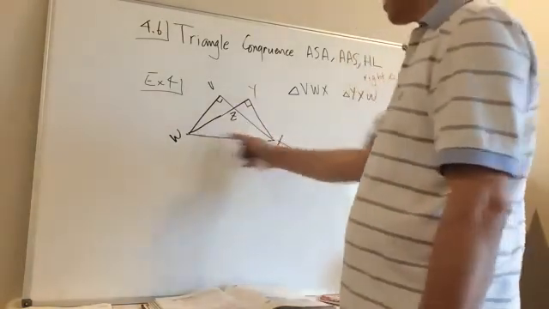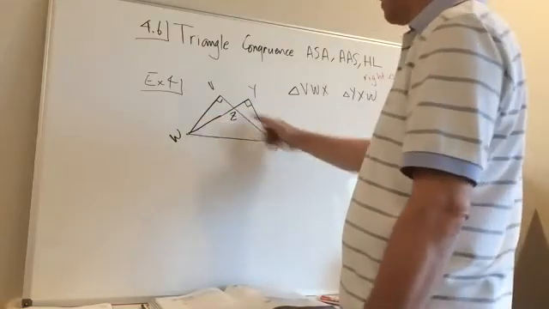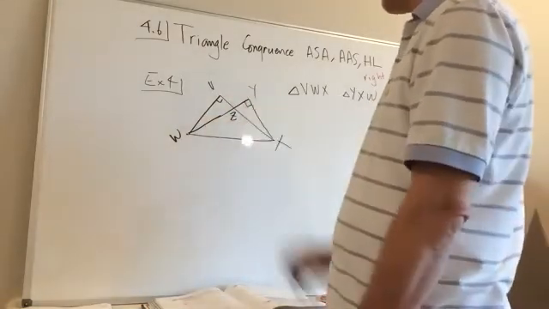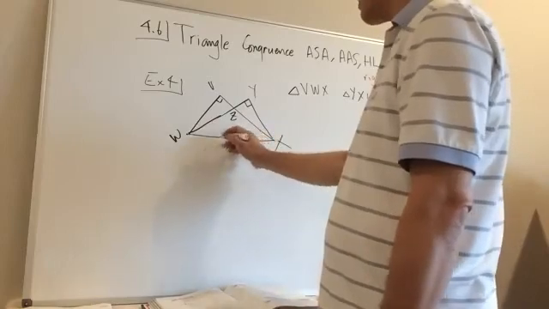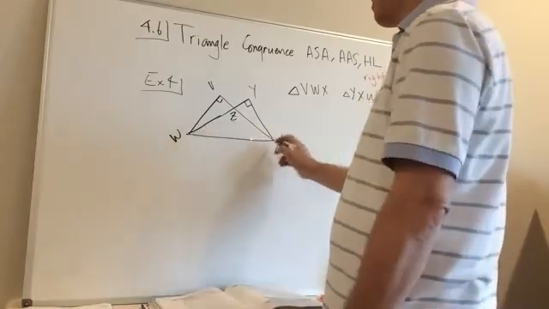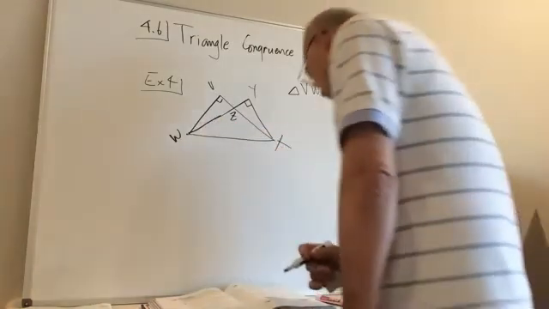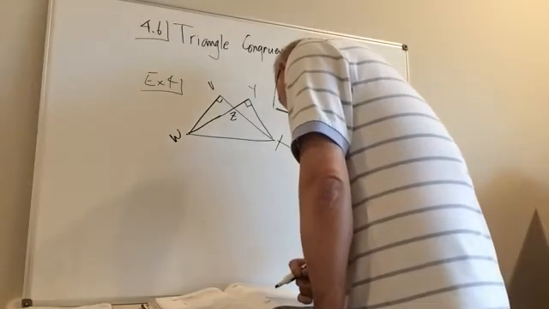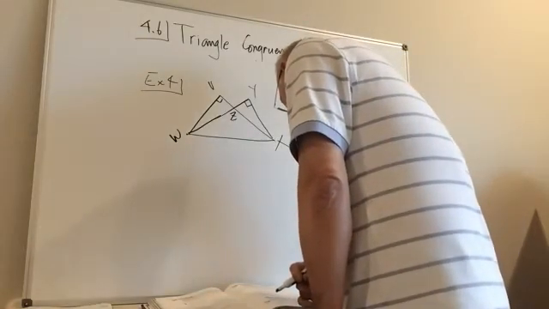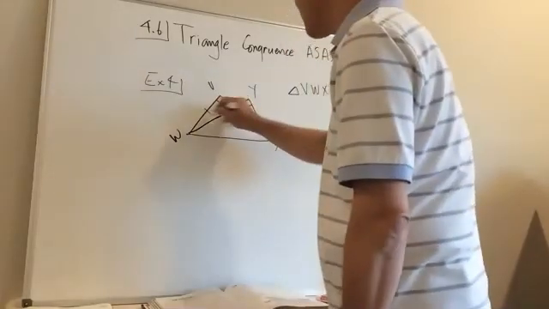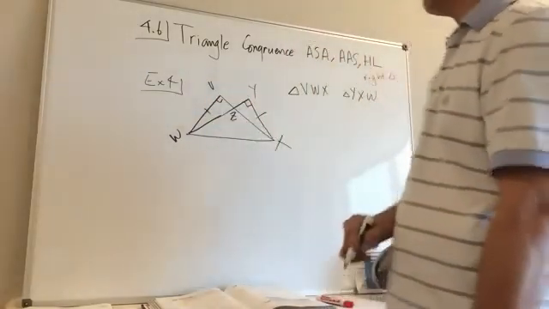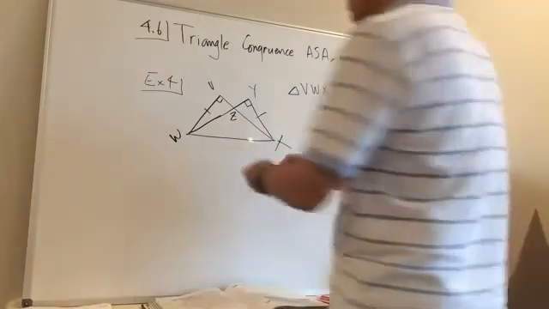So these two large triangles right here, I have 90 degrees, and I'm sharing the hypotenuse here. WX is the hypotenuse for both. I'm also told that this guy and this guy are congruent.